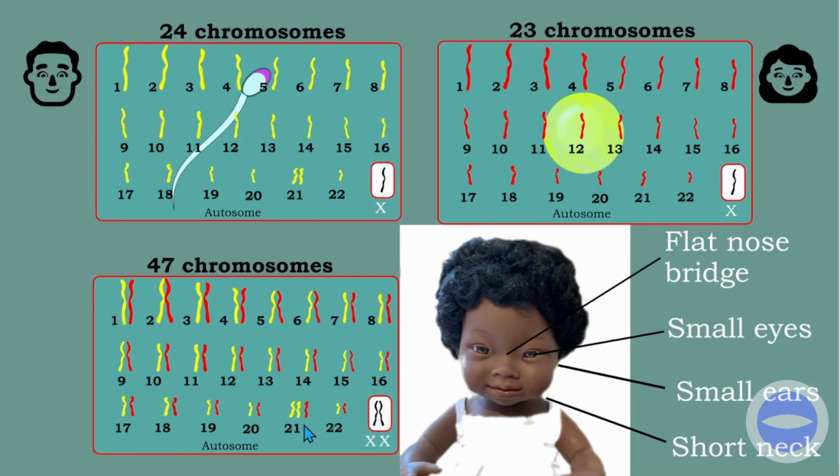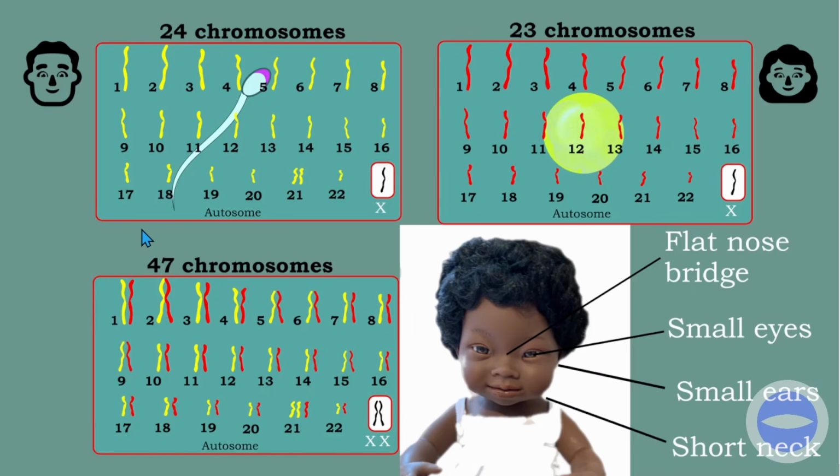Then if there is a fusion between this egg cell and the sperm cell, we will end up with 47 chromosomes, where on chromosome 21 we have 3 chromosomes. And these 3 chromosomes here give us a condition called Down syndrome.